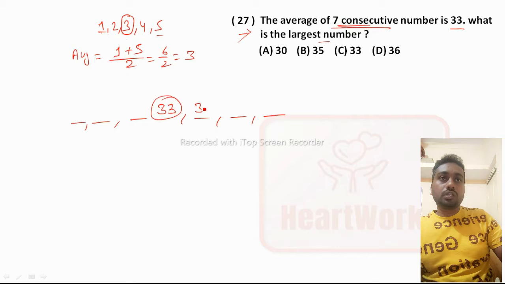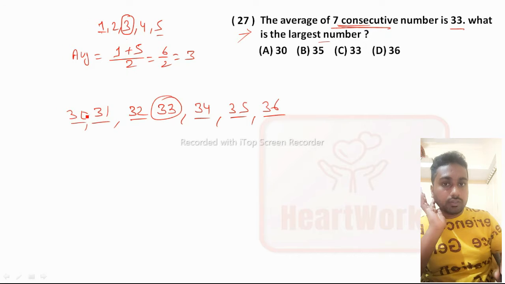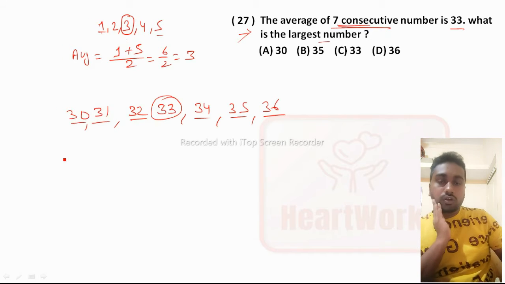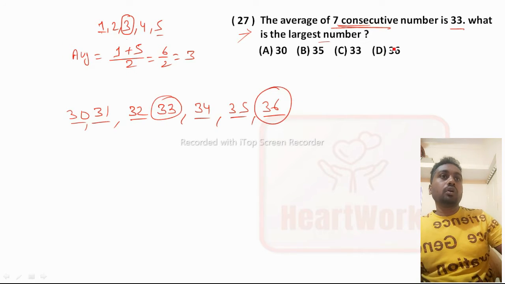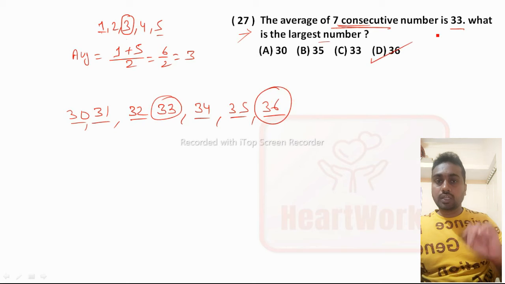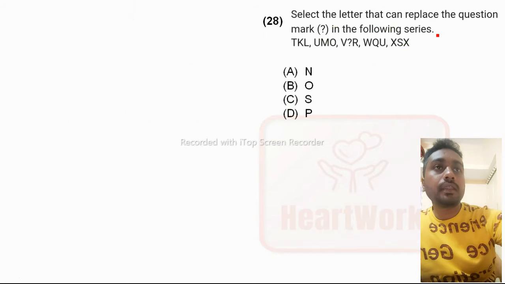So after 33 it should be 34, 35 and 36. Before 33 it should be 32, 31 and 30. Now we got the consecutive numbers. They are asking for the largest number, so the largest number is 36. Option D is the right answer. Like that you can simply solve the question without using a formula. Okay, next.